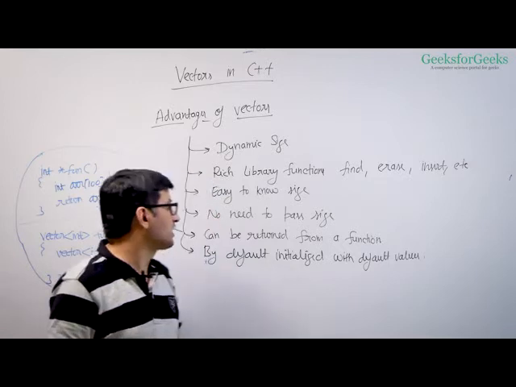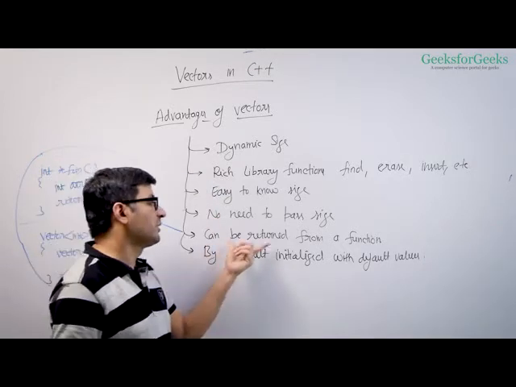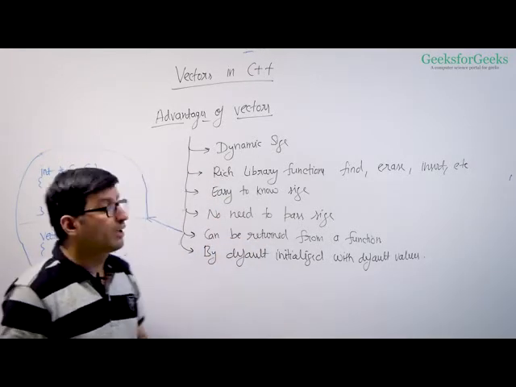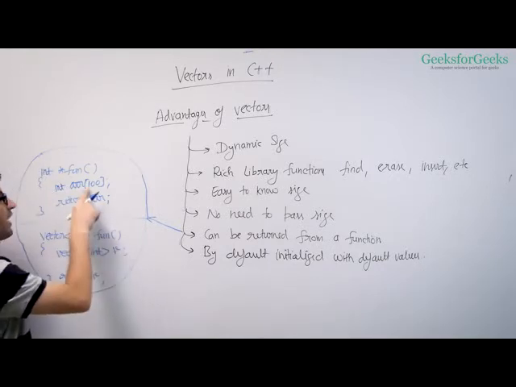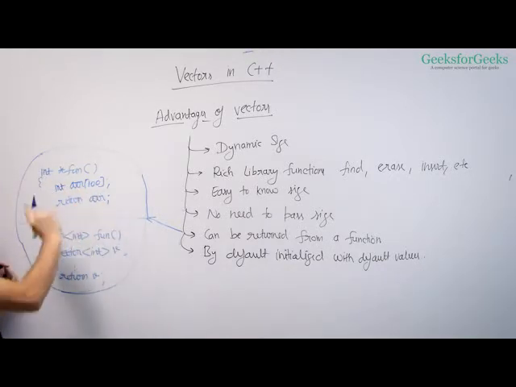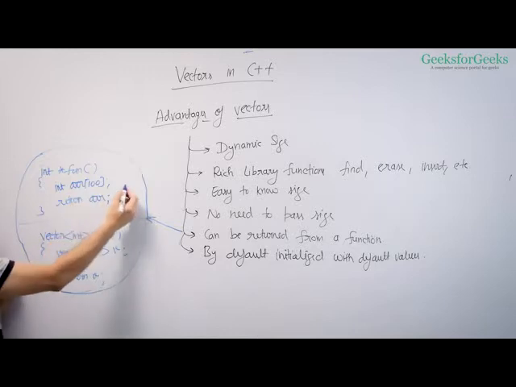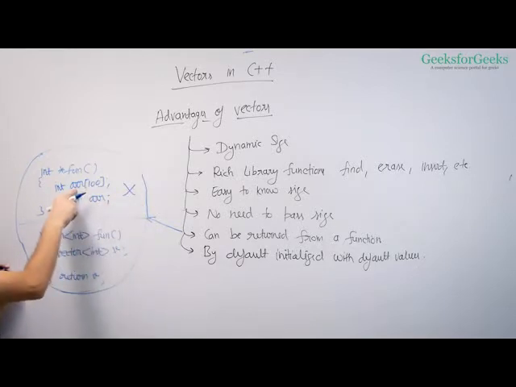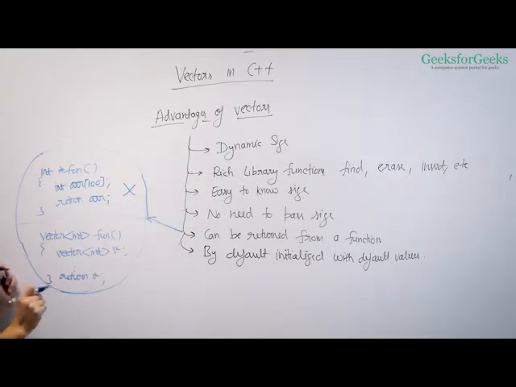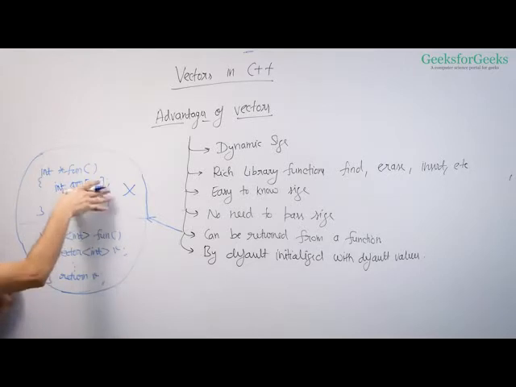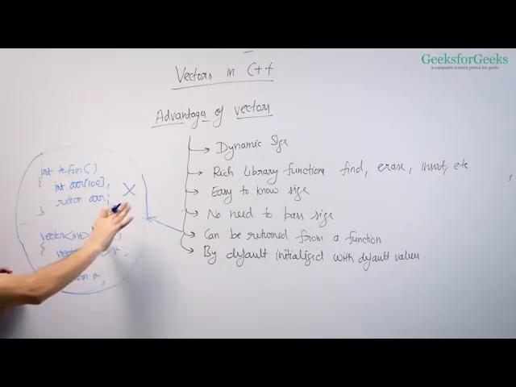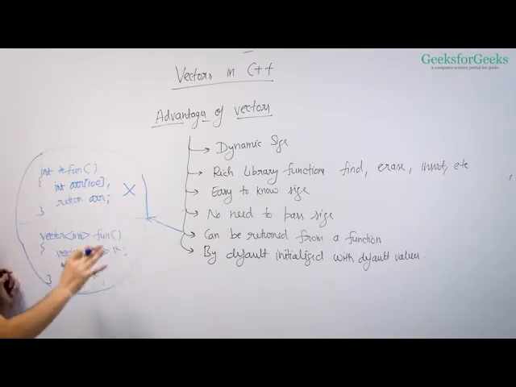The next advantage of vectors is they can be returned from a function. If you try to return an array which is locally created inside the function, this is an invalid function, because this address is not valid once the function call is over. Once the function call has returned, this space is deallocated and the array goes out of the picture.